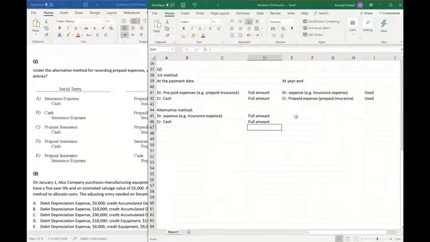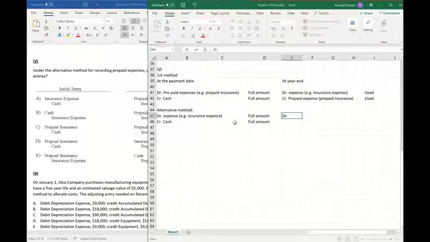For the alternative method, in the first entry we record the full amount, and at the end of the year when we do the adjusting entry, we start with recording the expense. At the end of the year we reduce the expense because not all the insurance is expired; part of it expired and part will still be used in the future. So when we do the adjusting entry, the debit side is prepaid insurance and the credit side is the insurance expense.